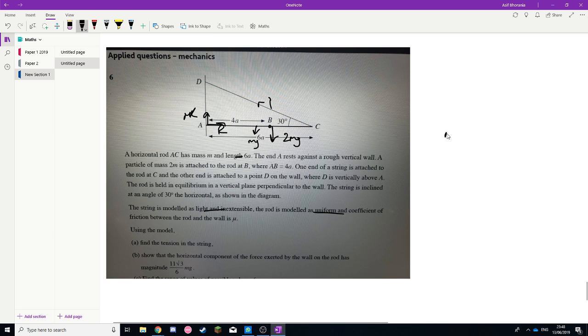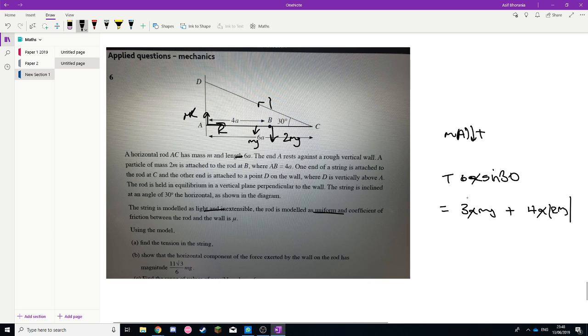So take moments about A, positive direction clockwise. We have tension times 6a times sine of 30 is equal to 3a mg plus 4a 2mg, and rearrange for T. Cancel out the a's.